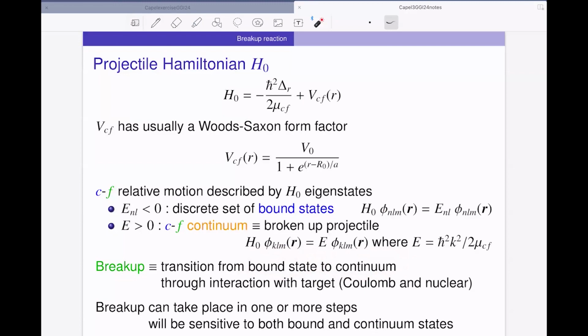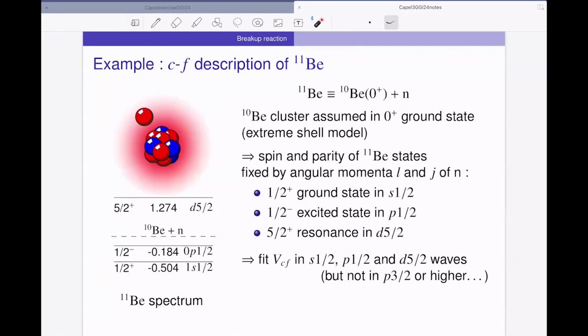You have coupled channels, so you have a coupling effect in the continuum. It's not a very simple discrete reaction that takes place in one step, and it will be sensitive to both the bound and the continuum states. We'll see that in more detail tomorrow.